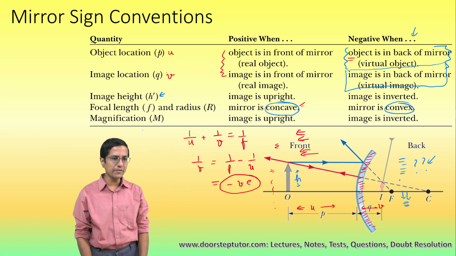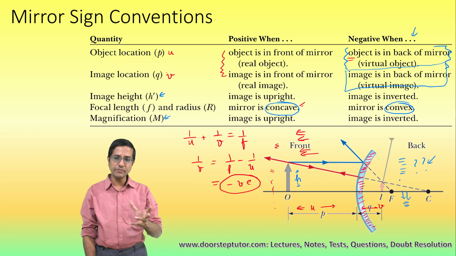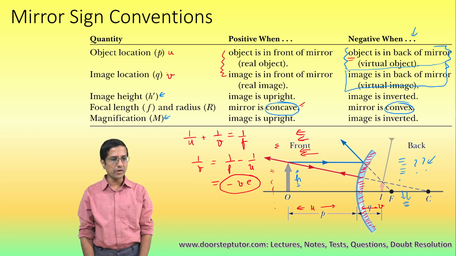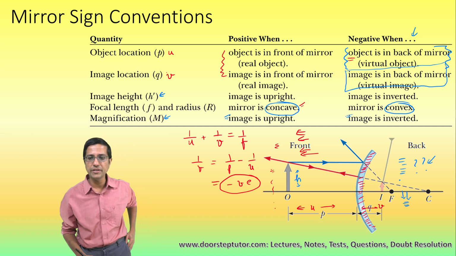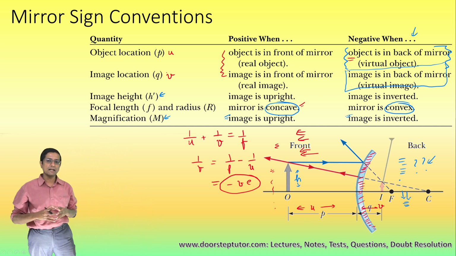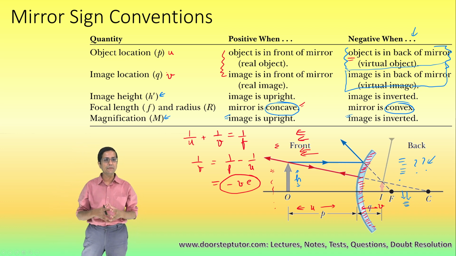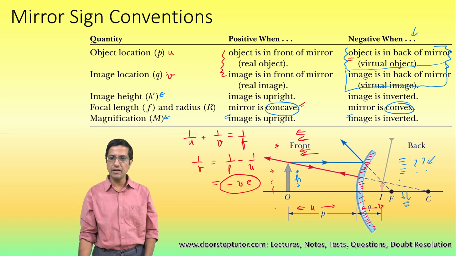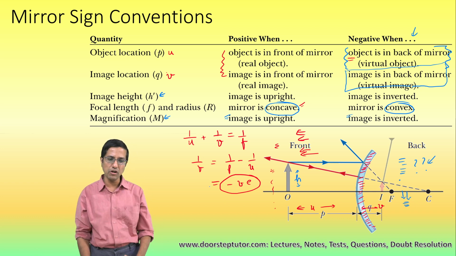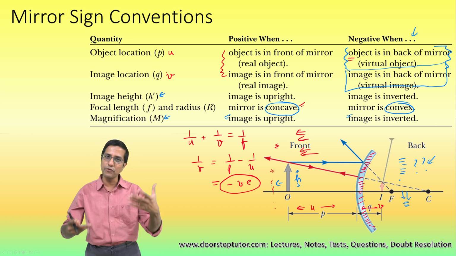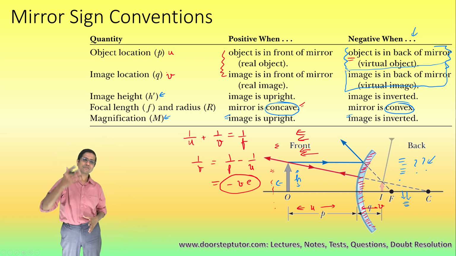Now, magnification. Again, this is something we have computed already. The object is always upright. When the magnification comes out to be positive, both the image and the object are upright.